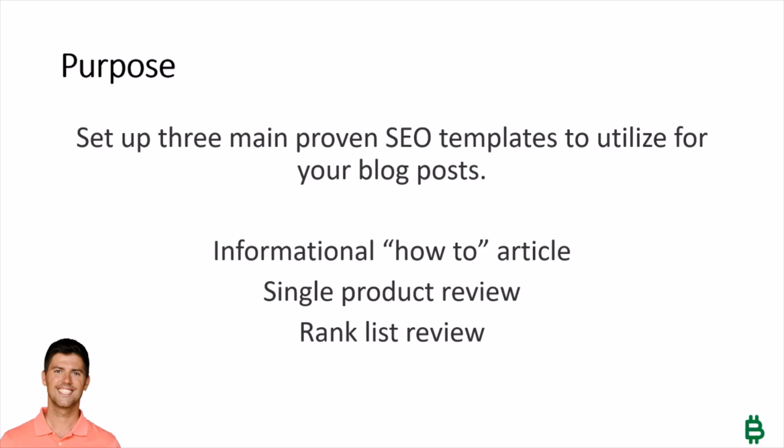As we saw in the examples in previous videos, they were offering those affiliate links right at the top, but then they would actually get into the ranking and why they were ranked where they were. So 3 different things. Also, in the rank list review, I could link to that particular post from both of the other articles and vice versa.